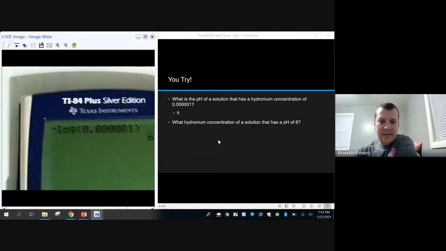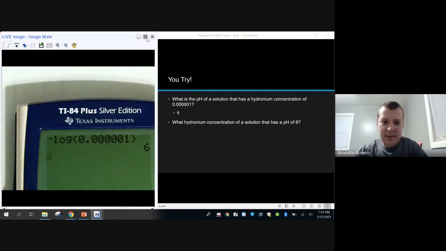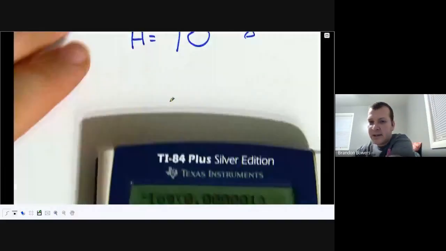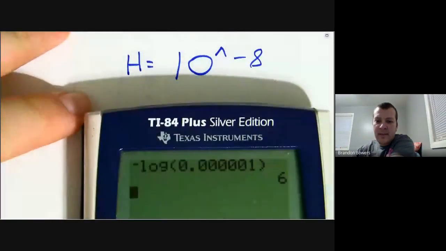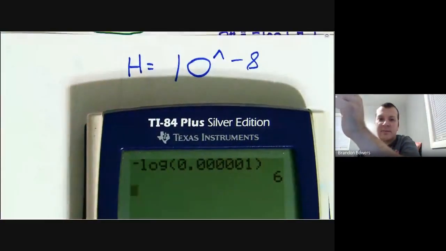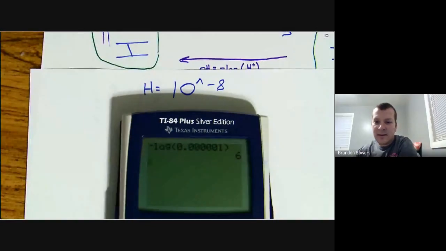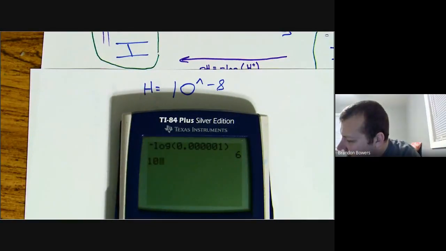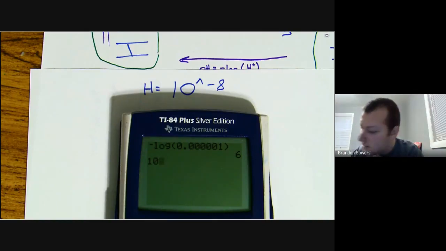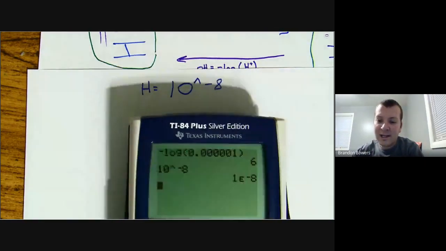Okay, so let's see. I'm going to try to zoom in. There we go. Whoa, that's big. Too zoomed in. I got to zoom out a little bit. There we go. So I got 10 carats, use the caret, negative 8. And I got 1e negative 8.